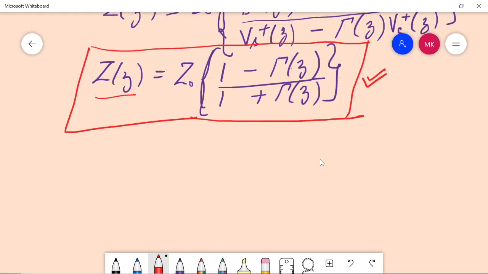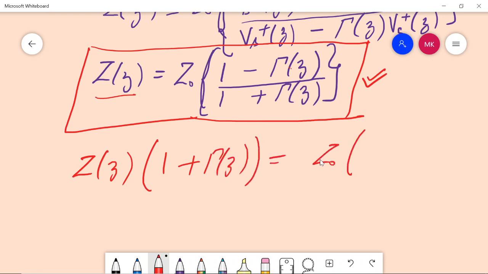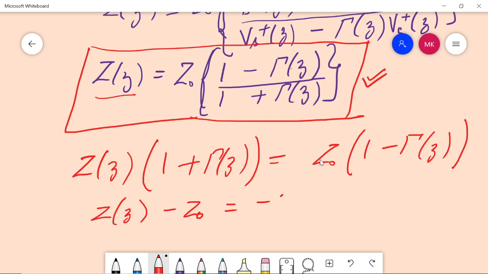So here it will be Zz times (1 plus gamma z) equals Z naught times (1 minus gamma z). If you open this, it becomes Zz plus Zz gamma z equals Z naught minus Z naught gamma z.